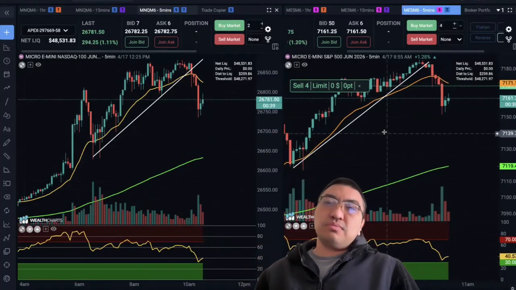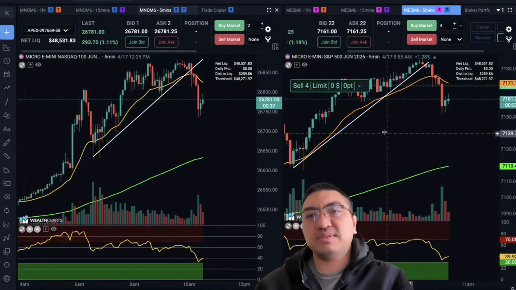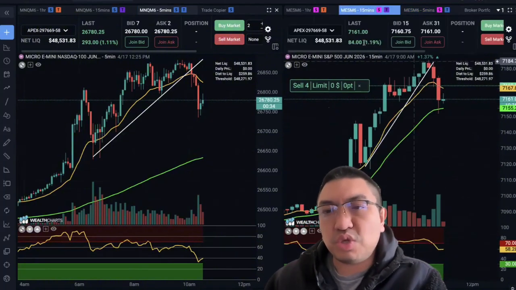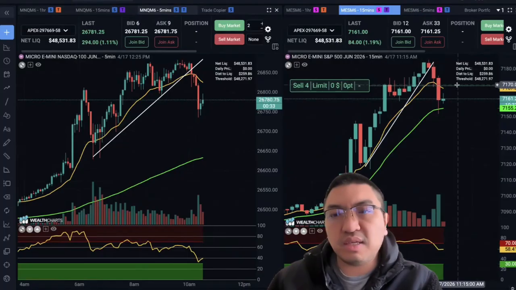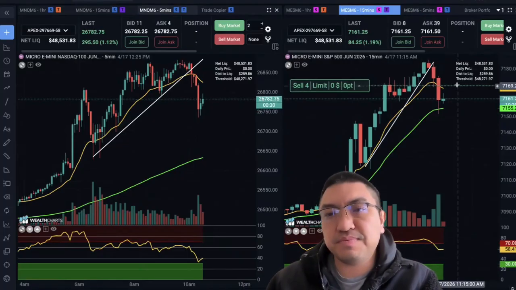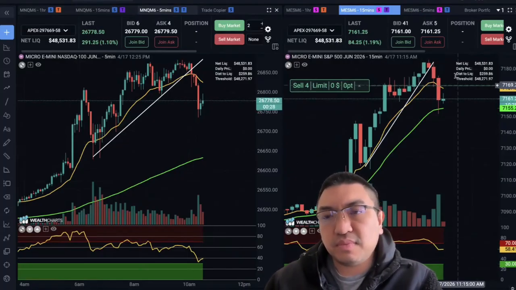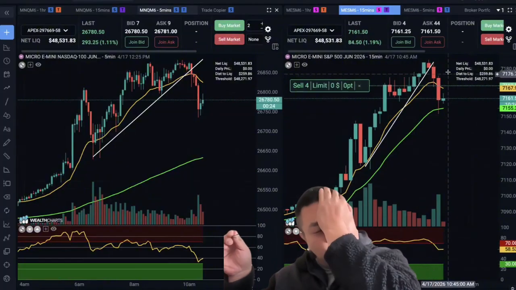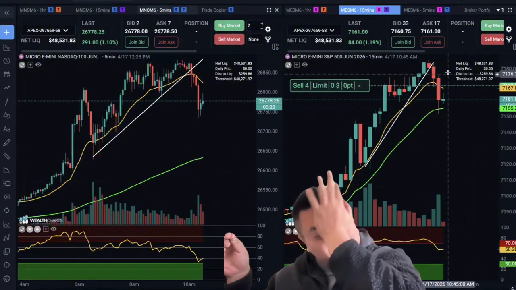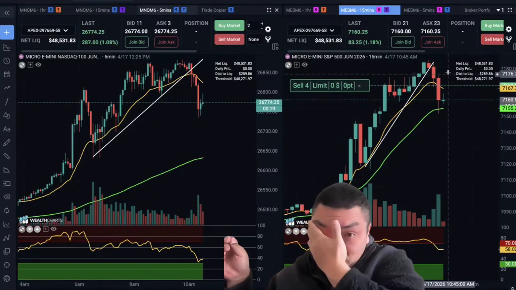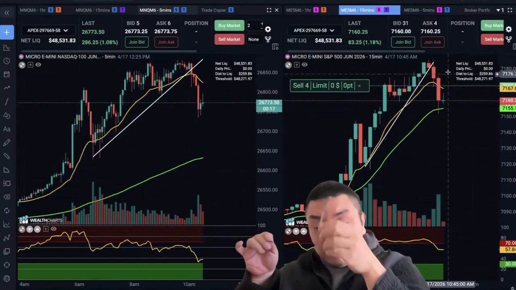Learn to be patient by watching the 15-minute chart. So if we trade the 15-minute chart, something like here, and the stop loss will be here. We'll see.